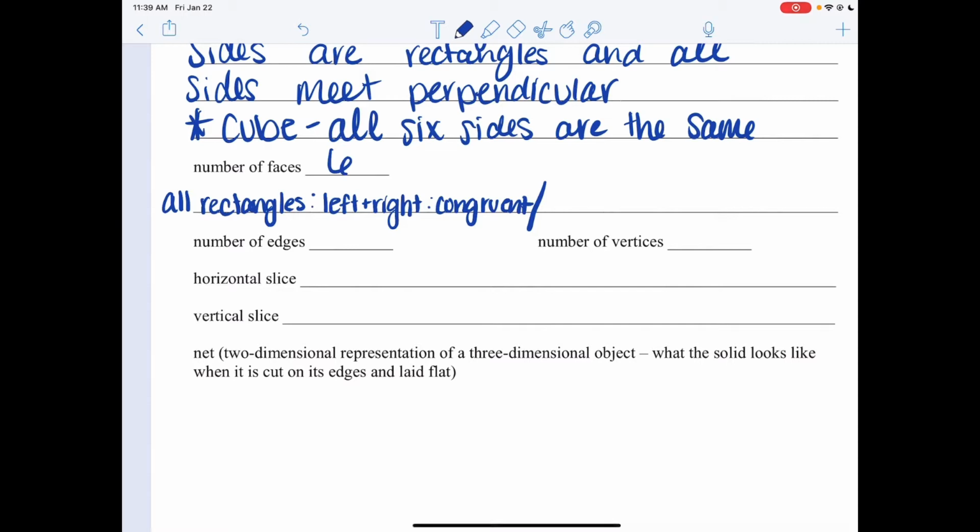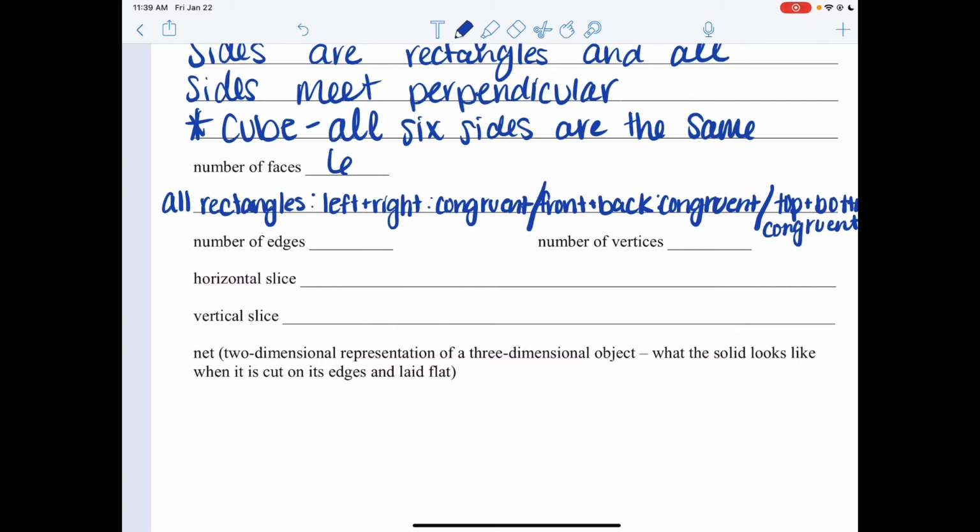We have a front and a back, which are your rectangles. Those are also congruent to each other. And the very last, which is our top and bottom, those are also congruent to each other. Okay, so that is a quick definition of what we are talking about, the number of faces.